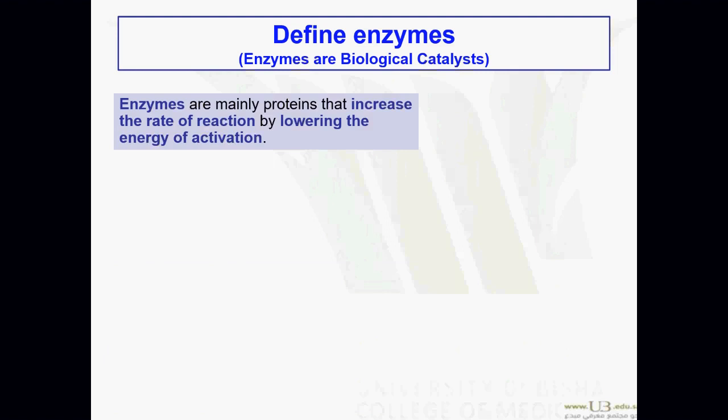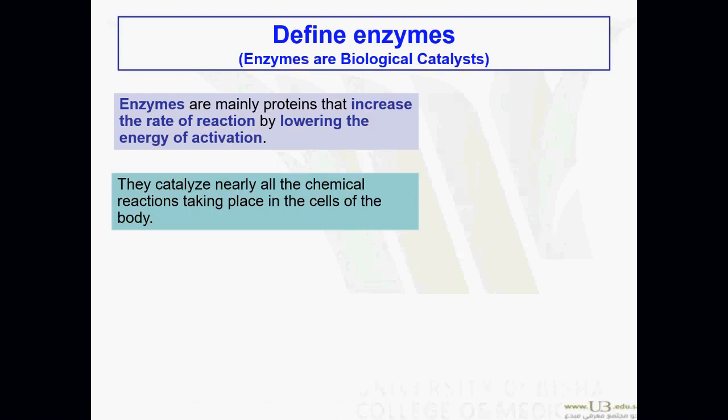So the enzymes mainly increase the rate of reaction, or accelerate the reaction, by lowering the energy required for the activation of the individual molecules of the reaction. For example, the glucose needs to be excited, and in the same way the fructose needs to be excited to a specific level of excitation so they can go into the reaction.